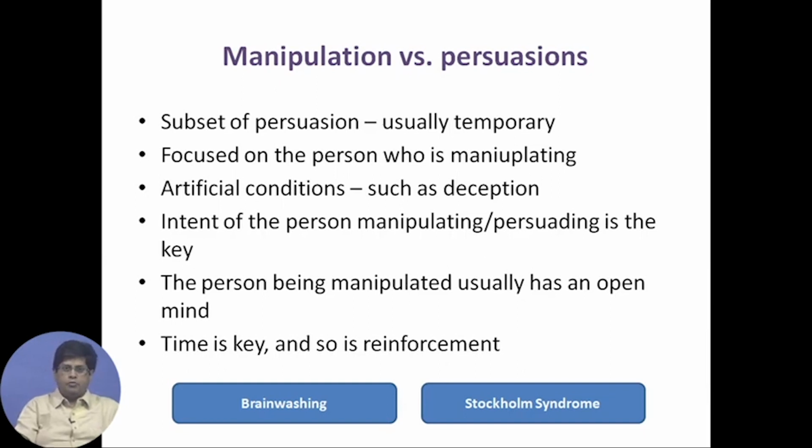Doing something without actually meaning what you say, in a certain sense, is manipulation. Doing something which in a way hurts other people is in some sense a manipulation. Doing things where what you are saying is not actually the fact, and you know it, is again manipulation. So, in some sense it is a subset of persuasion, as is brainwashing, Stockholm syndrome, which we will talk about, but it usually works temporarily, because it is not the state of affairs actually.